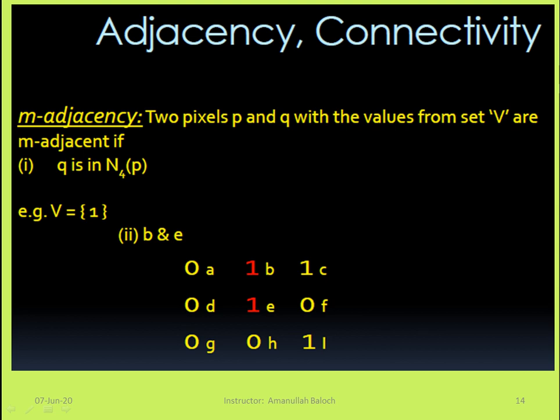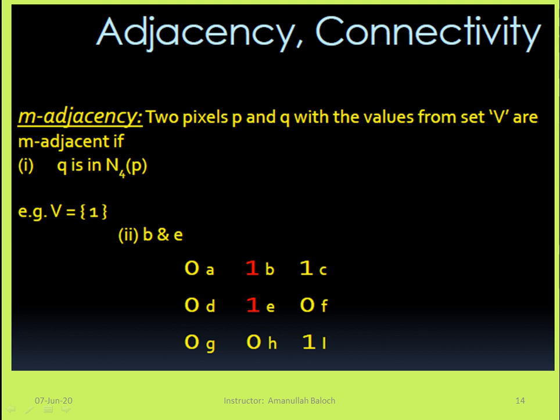So if B is P and E is considered as Q, what is the adjacency? We have to find whether M adjacency exists between these two pixels B and E or not. Here set B is equal to 1.